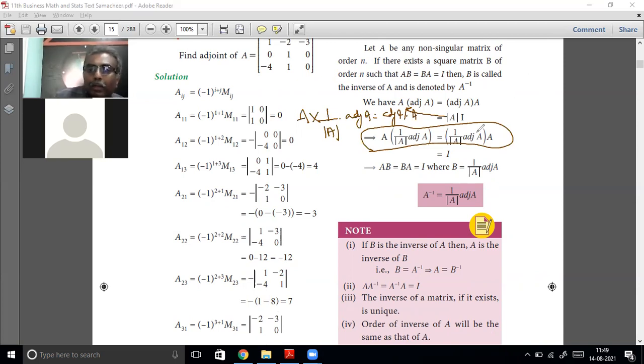That is equal to 1 by adjoint of A into A. Forget this proof, it is some useless proof they are giving.